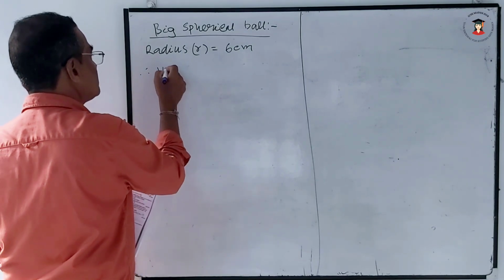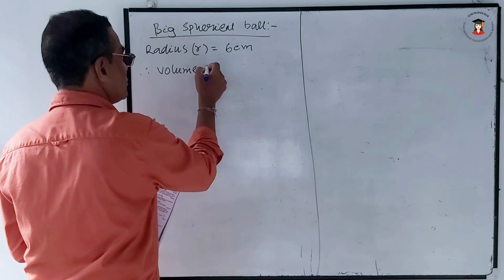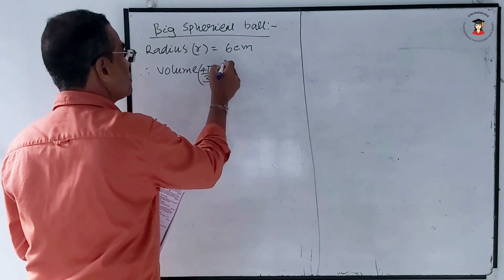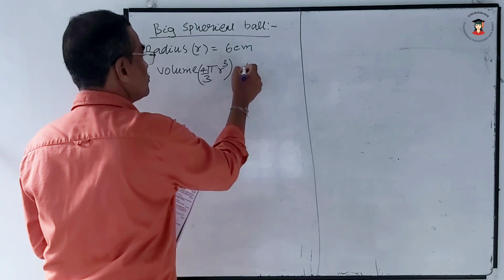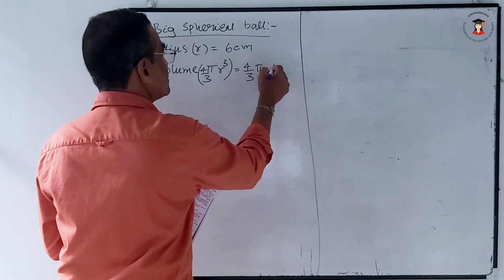Therefore, volume will be equal to 4 by 3 pi r cube equal to 4 by 3 pi into 6 cube.